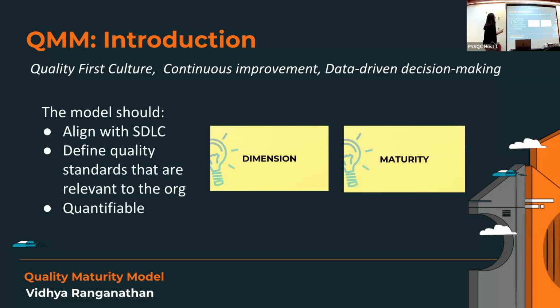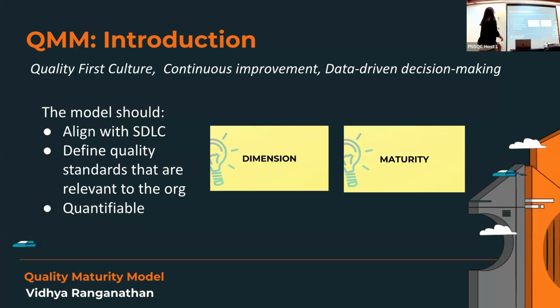And you have to define a quality standard that's relevant to the organization. What applies for an early growth startup will not be applicable for an enterprise customer. So you need a quality team with a thinking model that allows them to be flexible about what standards apply for your organization and what standards don't. This gives you an overall thinking model, in terms of dimensions and maturity levels, that you can apply to any kind of organization and make flexible enough to fit.